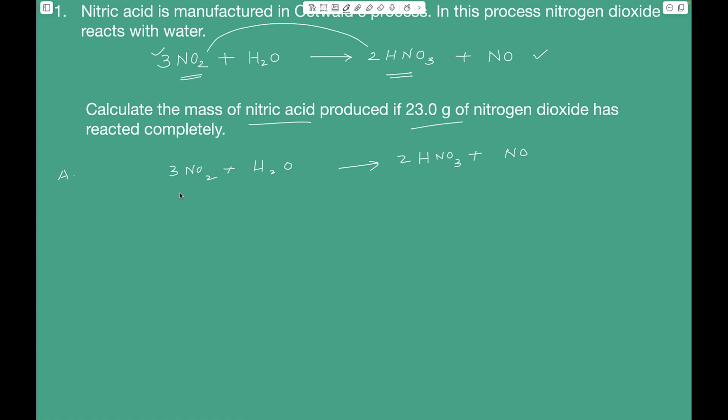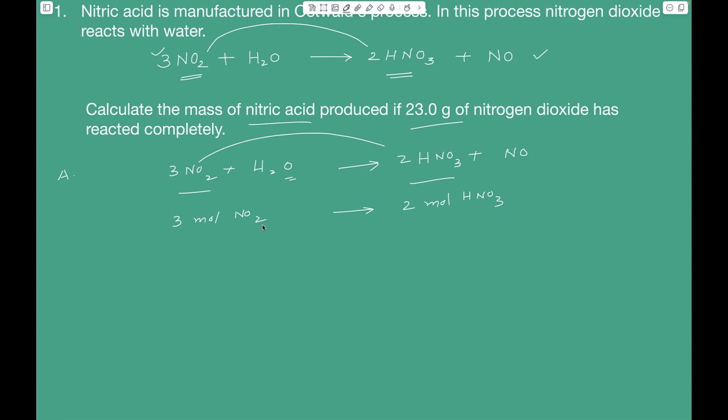But because I am interested only in a relationship between these two, to answer this question, I am going to write a molar interpretation only for these two. And that says 3 mole of nitrogen dioxide will produce 2 mole of HNO3, of course, upon reaction with water. And I am omitting that part because I don't need it for my calculation.